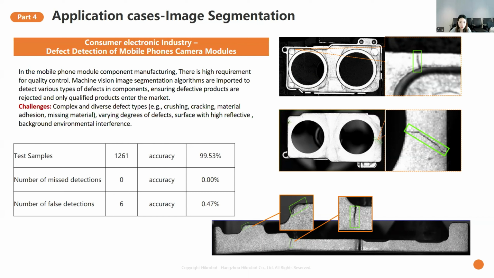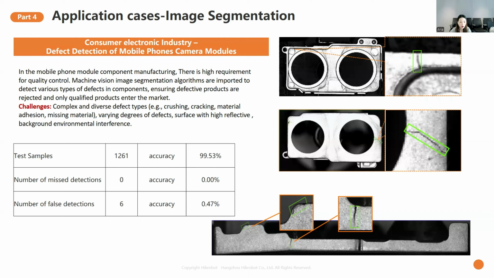For this project, there are a lot of difficulties. For example, the defects are complex and diverse, with a random degree of defect, there is some reflection on the surface of the object, and there is some interference from backgrounds.